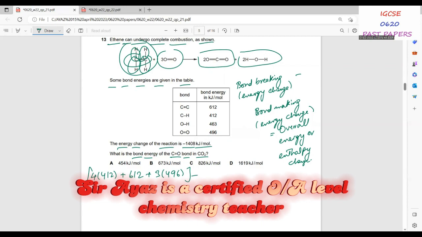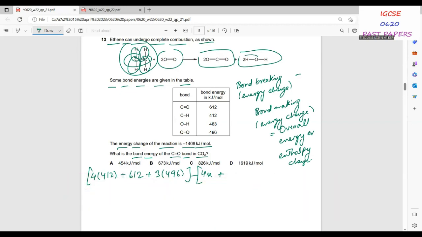If I consider X as C double bond O, then we will have 4X, plus there are 2H2O, which means 4 OH bonds, 1, 2, 3, 4. So we will multiply 4 by 463. And let's solve this. It is equal to minus 1408.